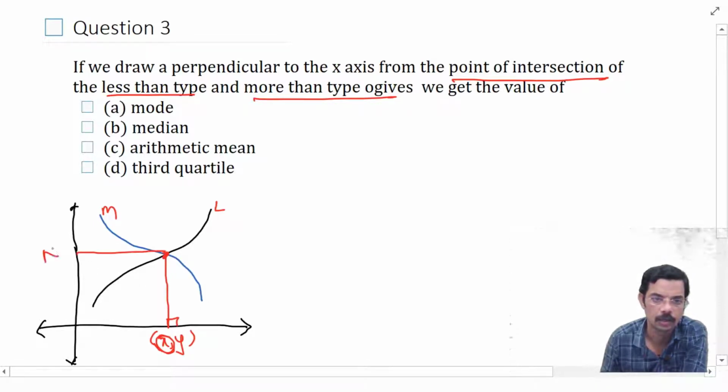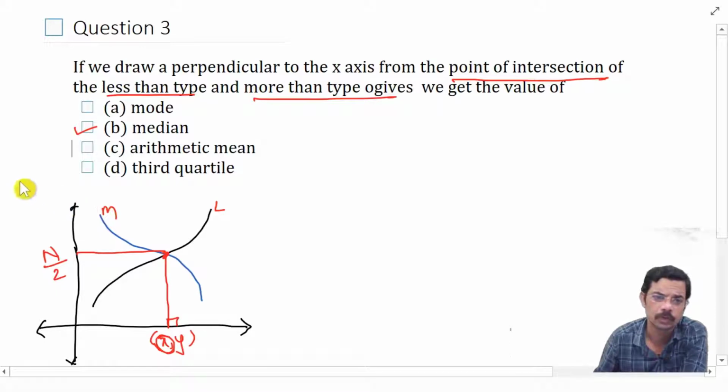We know that when two ogives meet, the x coordinate of the point of intersection, the foot of the perpendicular, would be the median.